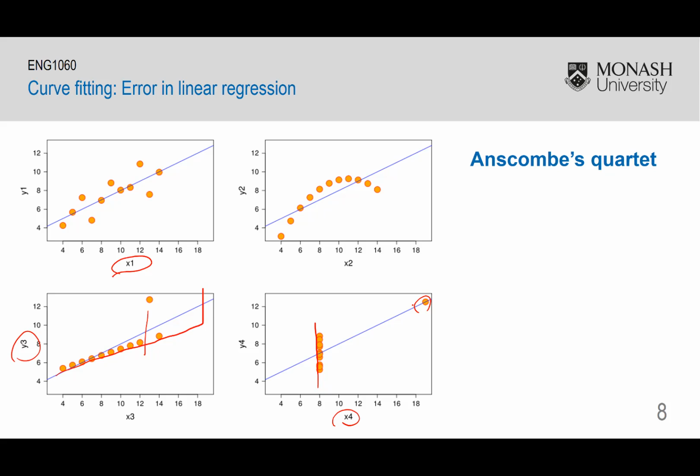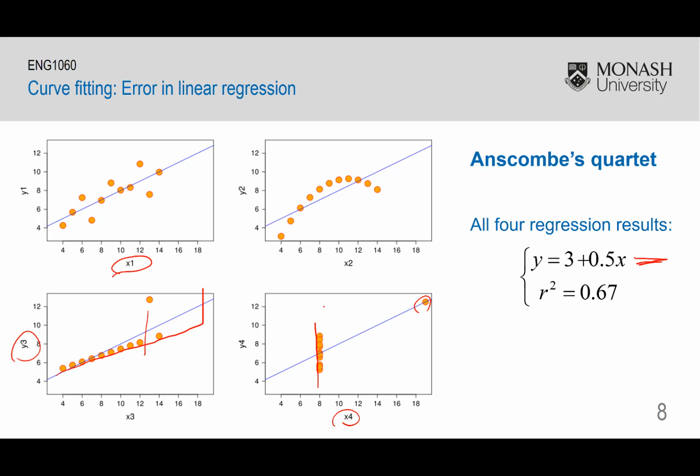It turns out that if we go through and crunch the numbers, all 4 regressions have the same result. Y is equal to 3 plus 0.5x, and the coefficient of determination is equal to 0.67. I would argue that some of these data points are actually reasonably well fitted by this straight line here, and others of them are not.